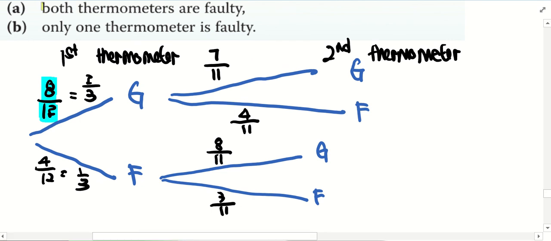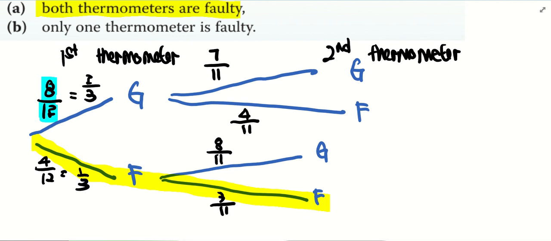They want both thermometers to be faulty. If you trace the path, this is the only one. It's unlike previously, where I measured by the outcomes. So, very simple. I want both thermometers to be faulty. Okay, it's the highlighted one.